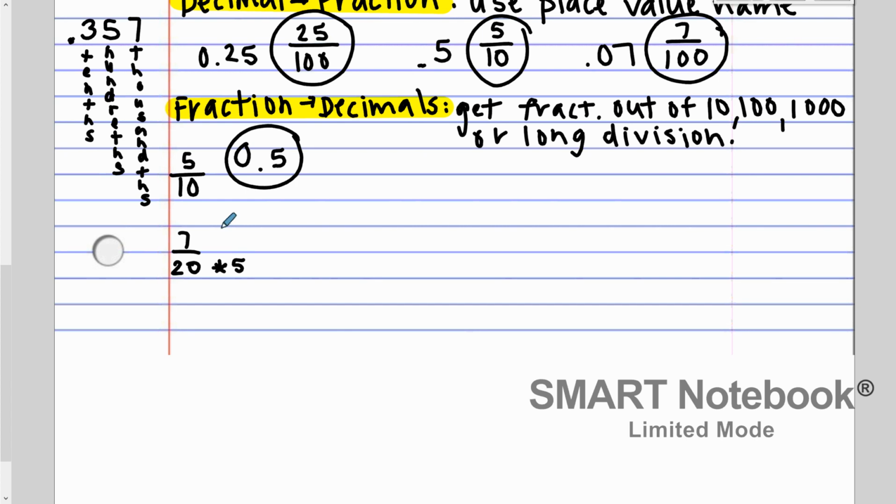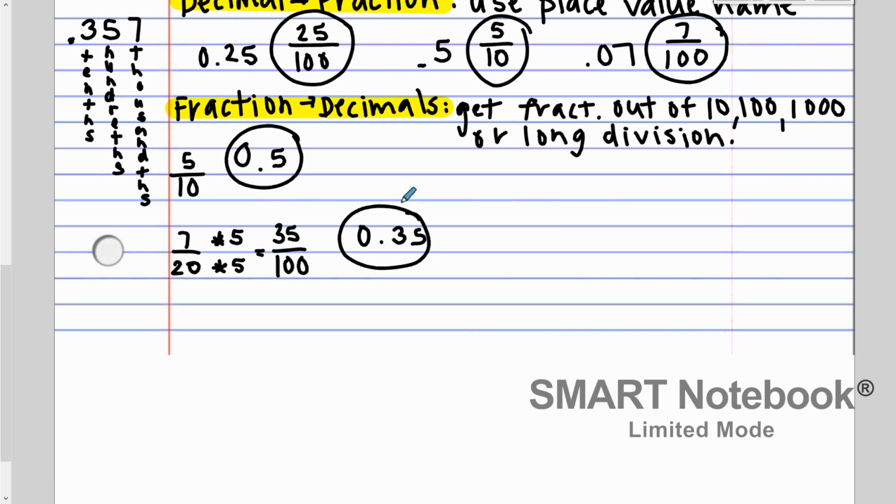Times 5. Whatever we do to the bottom, we do to the top. So this would become 35 over 100. So for that one, then we can just do 35 hundredths. So the 5 needs to be in the hundredths. The 3 comes before it, then the decimal. Double check, tenths, hundredths. Yep, that's in the right spot. Put in our 0 before. We are good to go.